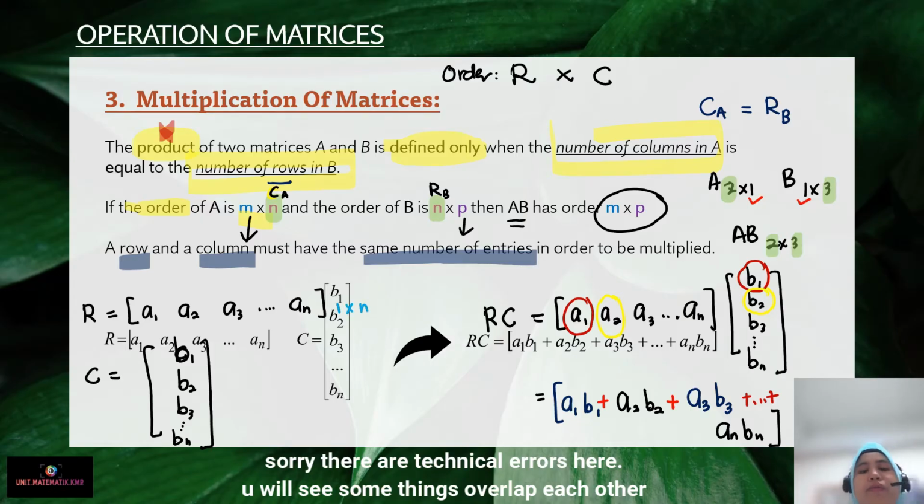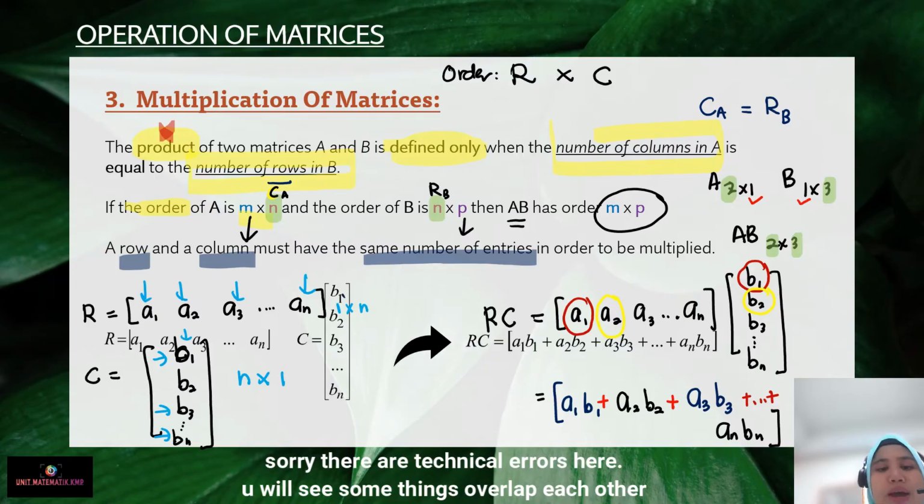You have one row and n columns, even though you don't know what n is. For matrix C, you have n rows with one column.